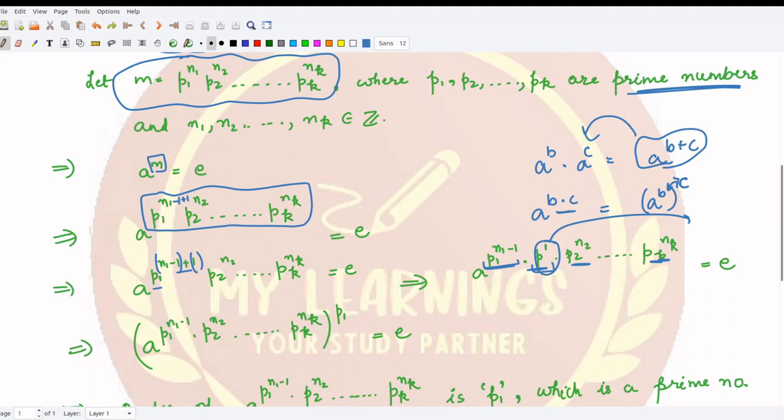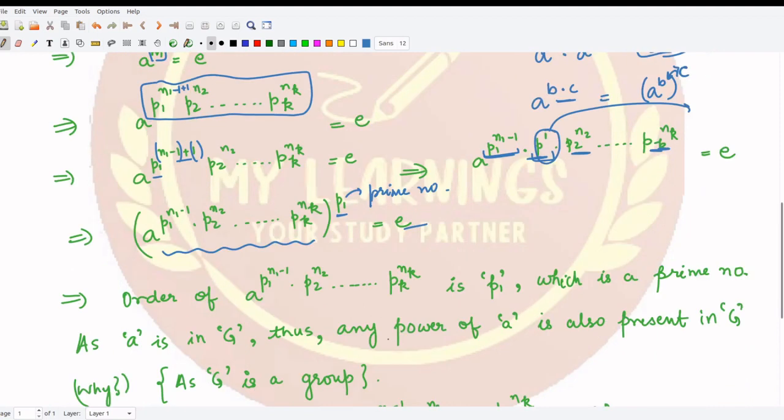So now you have written some element as the power P1, where P1 is a prime number, and it equals E. Therefore the order of this element becomes equal to P1, where P1 is a prime number.